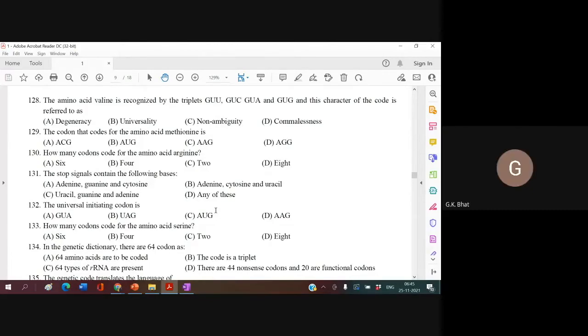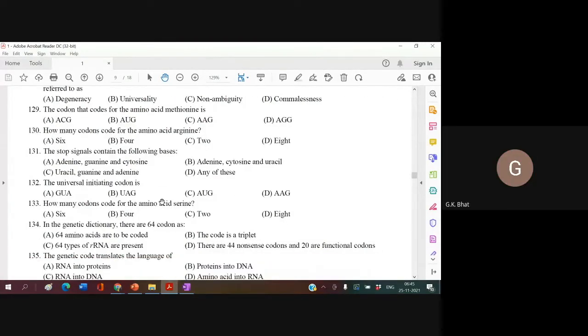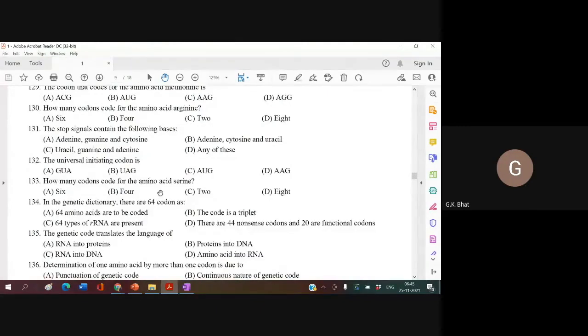128. A. Degeneracy. 129. B. AUG. 130. 6. Can you tell me what are they? CGU, CGC, CGA, CGG, AGA, AGG. 6. 131.